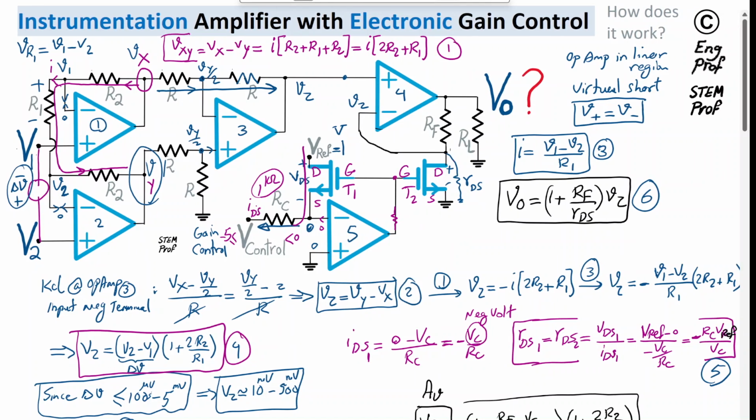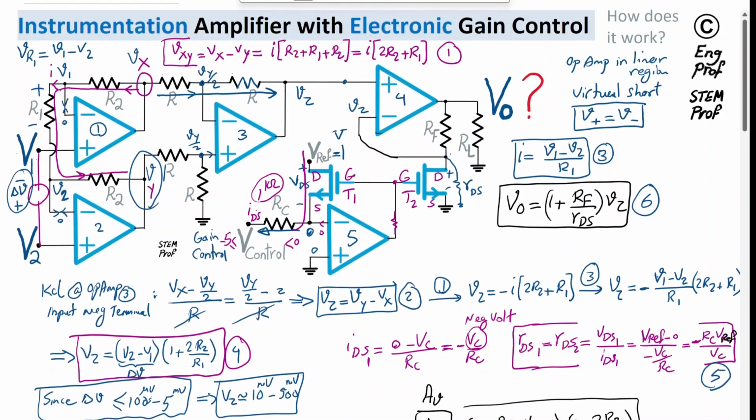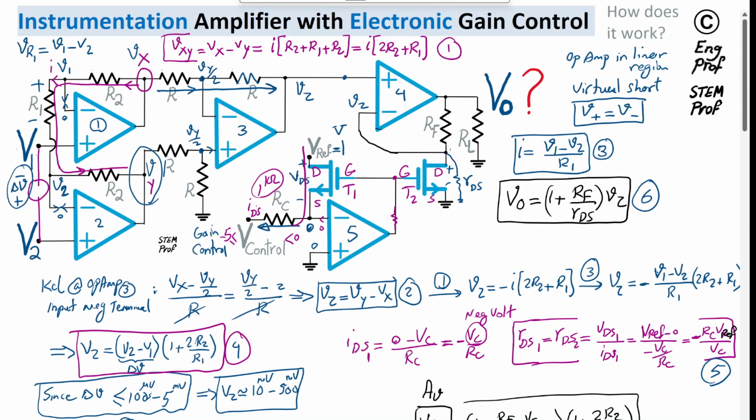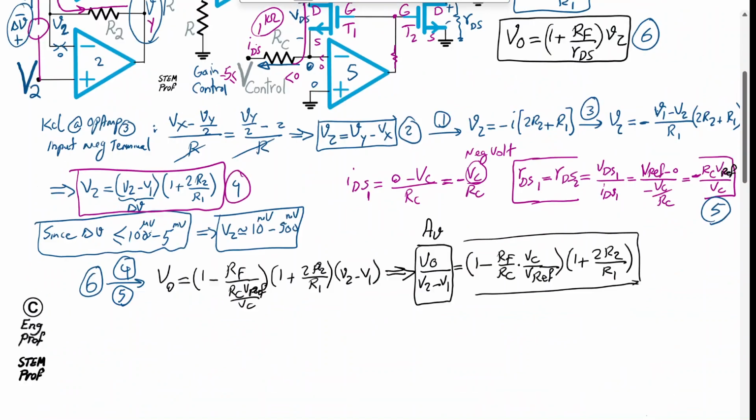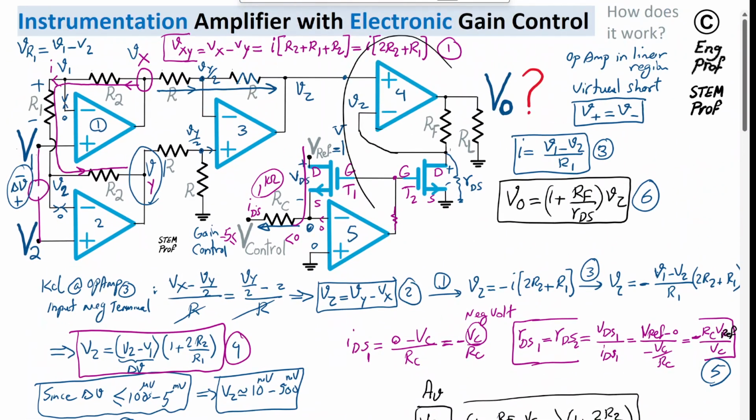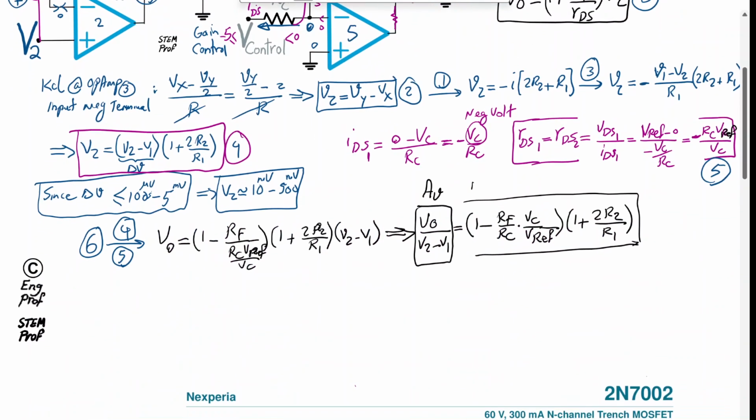So by proper selection of R2 and R1, depending on what sensor we have here and what voltage is coming out of it, we can control the level of Vz. But then with the last stage, we can electronically control the gain of this last stage to have a further electronic gain control.